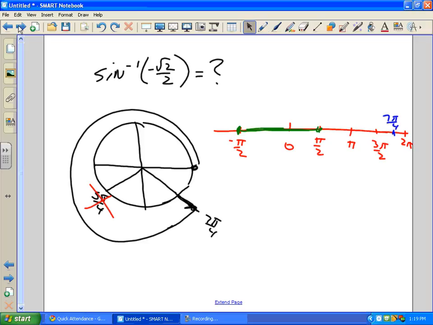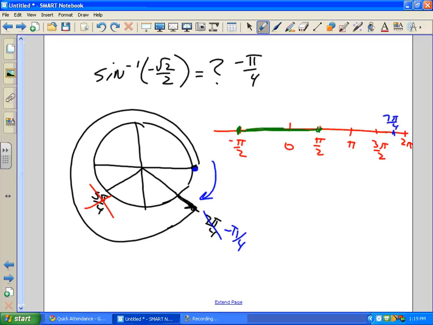But as Aurelius was saying, if I start here and I rotate in the clockwise direction, 7 pi over 4 is really the same as negative pi over 4, and that is within the legitimate domain. So my answer here is negative pi over 4.